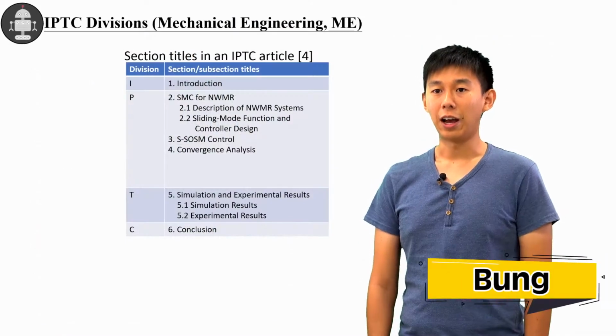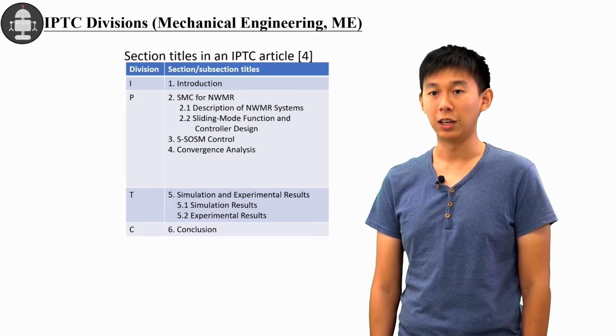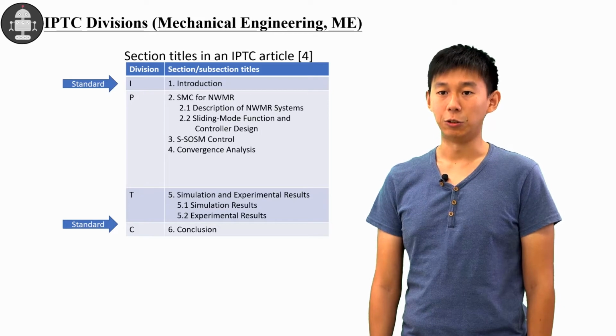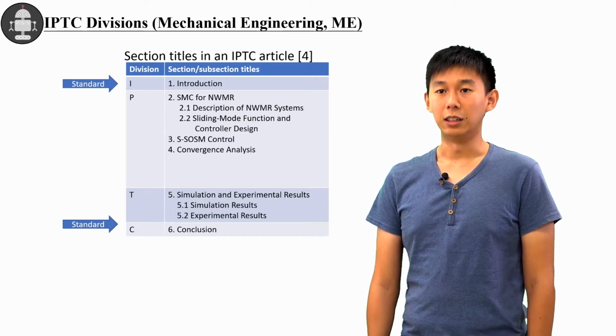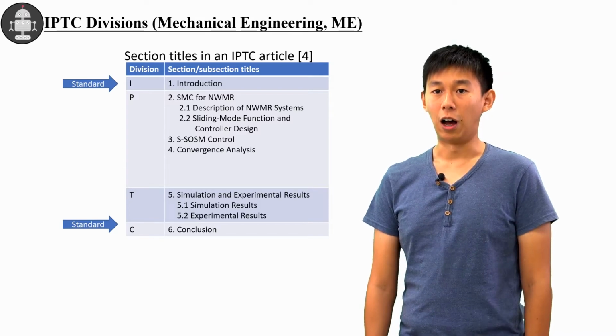Right now, I have summarized sections and subsections in this table with respect to the IPTC format divisions. You can look at section number 1 and section number 6, introduction and conclusions. The section titles are the same as the division titles, so these 2 section titles are standard.